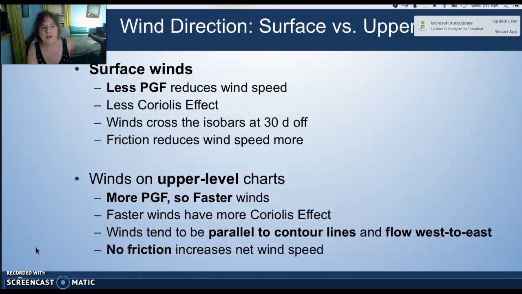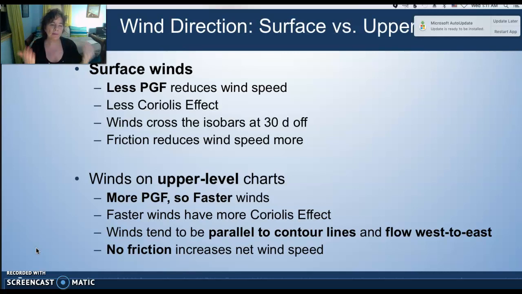Quick review. These surface winds are going to show less pressure gradient force and consequently less wind speed and consequently less Coriolis effect. And the winds at the surface are going to cross isobars at about 30 degrees off the parallel to the isobar. So about there. Friction reduces that wind speed even more.